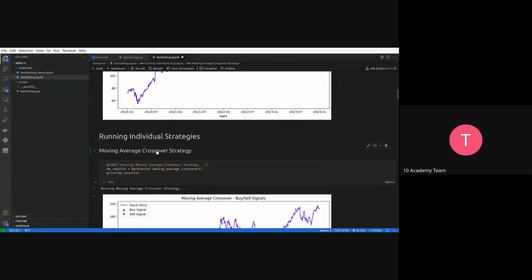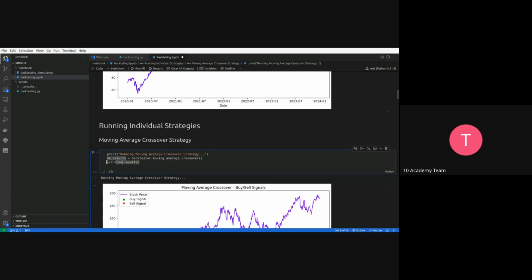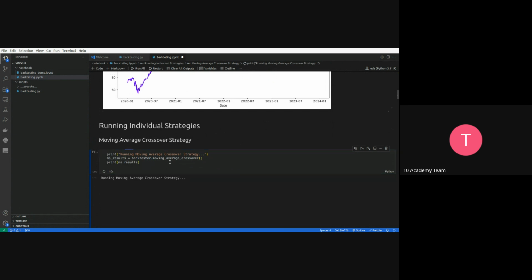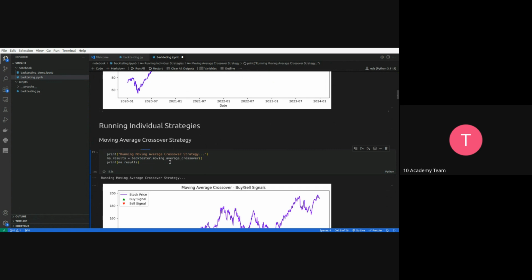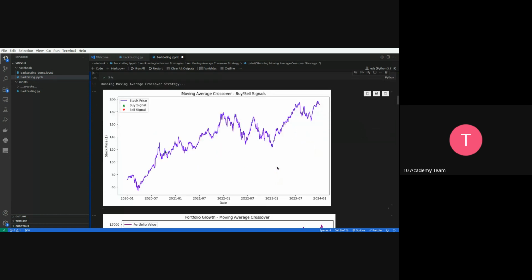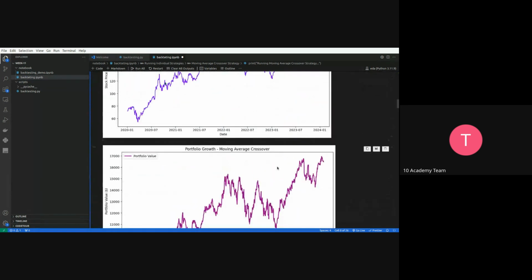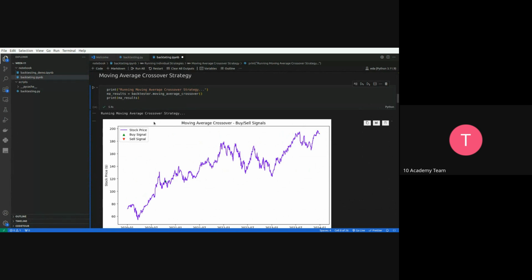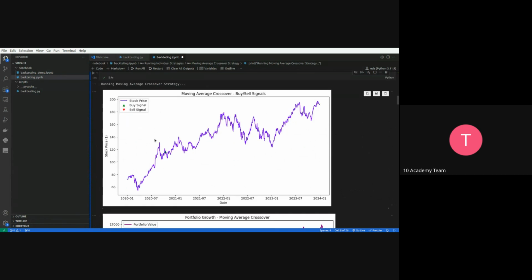Now we start running each individual strategy. The first one is the moving average crossover strategy. We can see that and get results. These are the common signals that you see on the traders' display: buy signal, sell signal, the ones that we talked about.